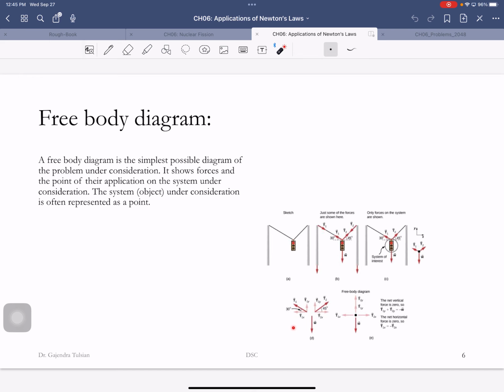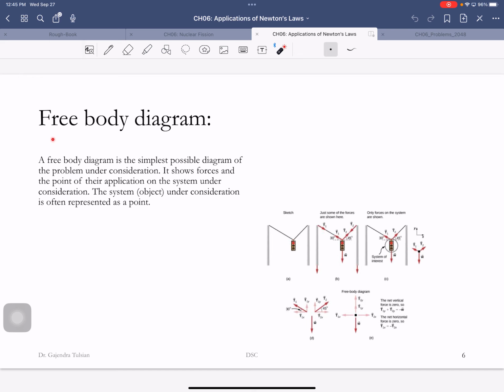So if these three forces are to add up to 0, this x component must cancel that x component. These two y components must cancel this y component. And then the three forces would add up to 0, and that would be in equilibrium.